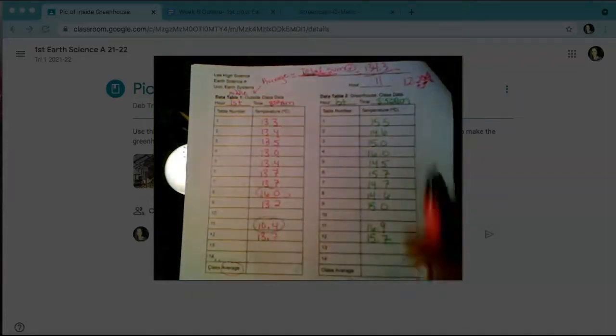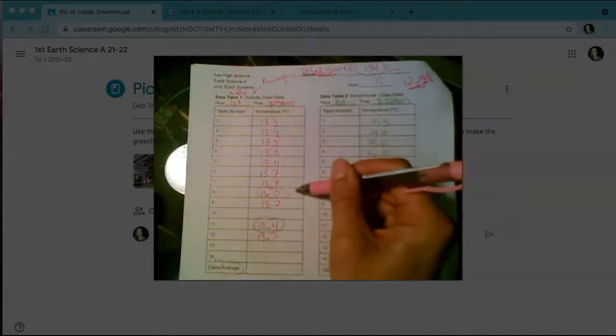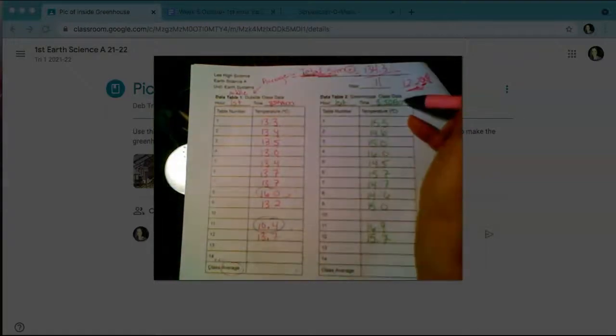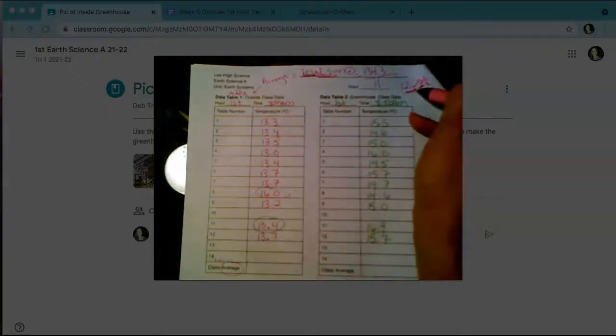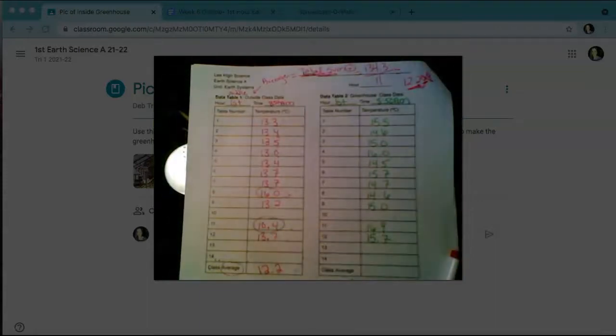I make sure that my calculated value for average is somewhere between the highest and the lowest temperature. I check it, 12.2 it is, so I'm going to put that answer right there, 12.2. Then I go ahead and calculate the greenhouse temperatures, and I put that average right down there.